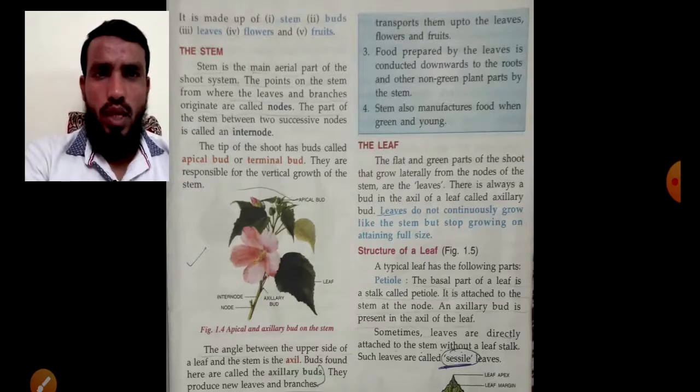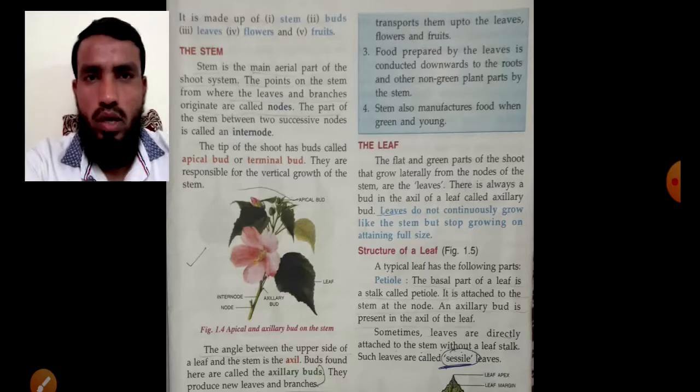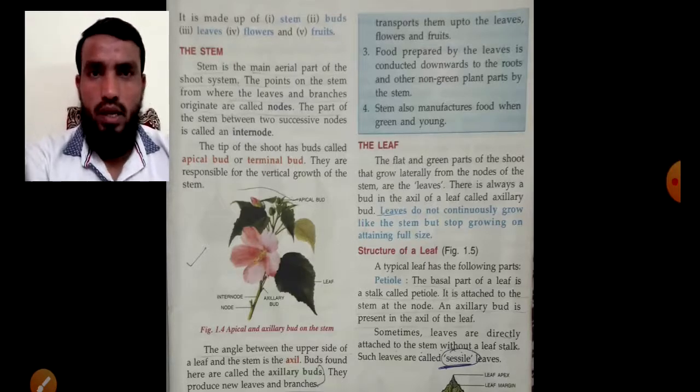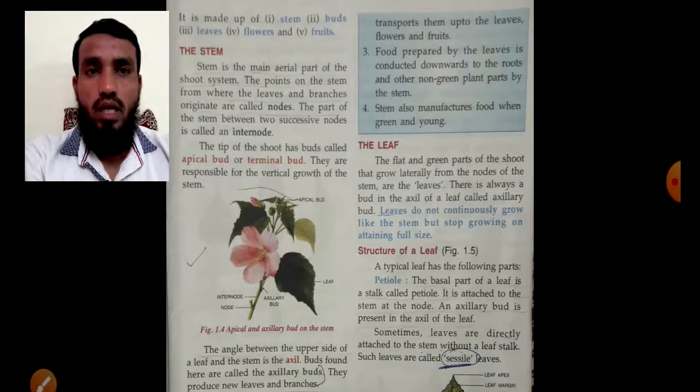So number one, we will start with the stem. What is the stem? The stem is the main aerial part of the shoot system. Main aerial part. What do you mean by the aerial part? It means whatever part is present above the soil in the air is called the aerial part. And it is the main aerial part because it provides the points on the stem from where the leaves and the branches originate, which are called the nodes.